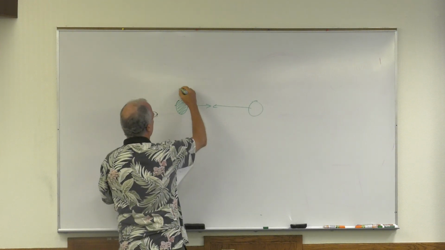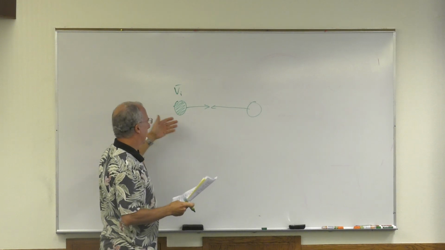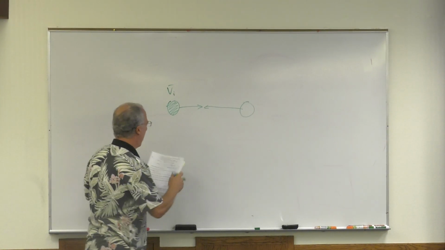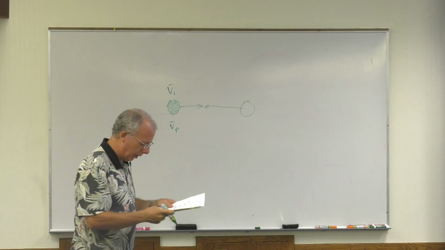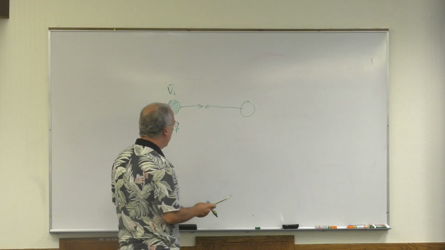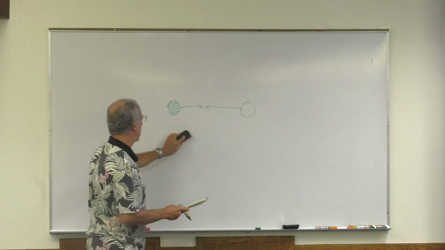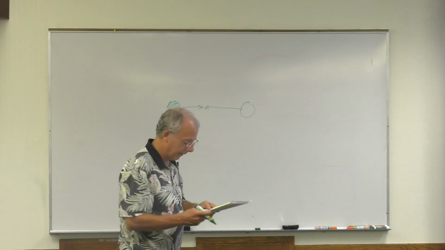Let's say we knew the initial velocity of this ball, and we could calculate the impulse, then we can calculate the final velocity. But basically, we've always looked at just one object. Now we want to consider both objects, not just one object, right?